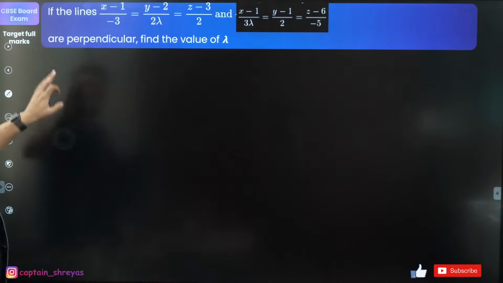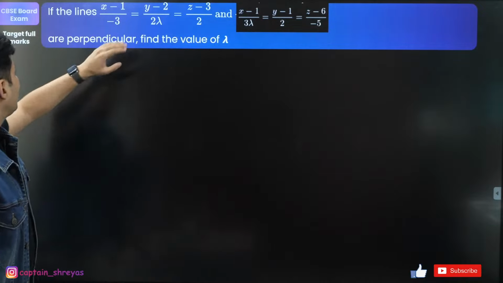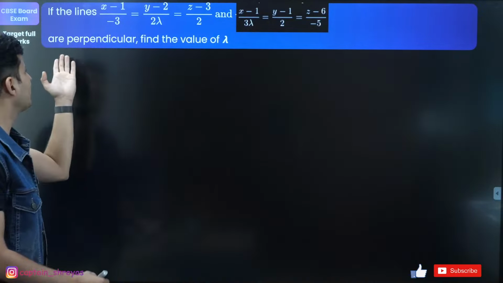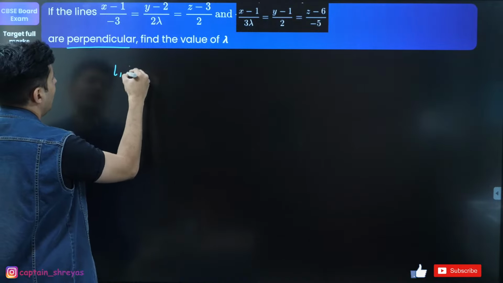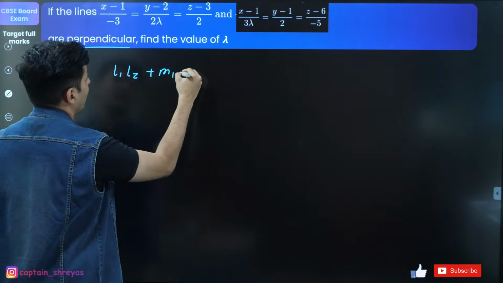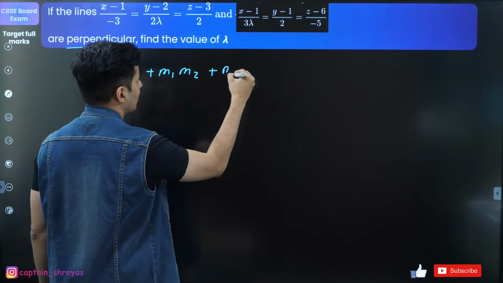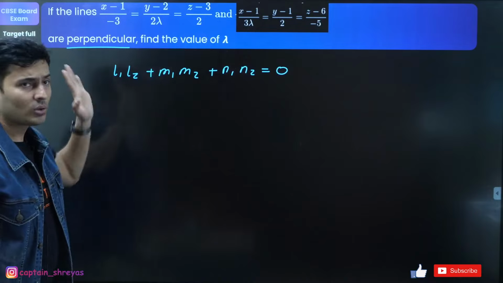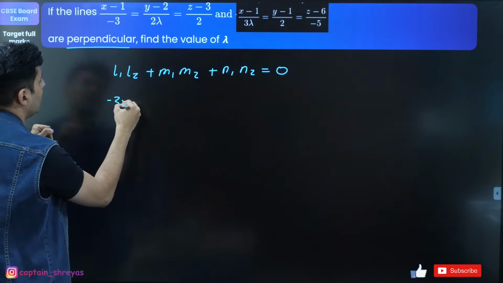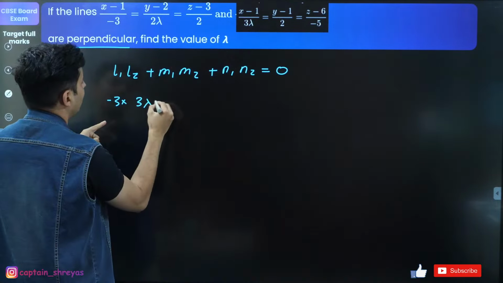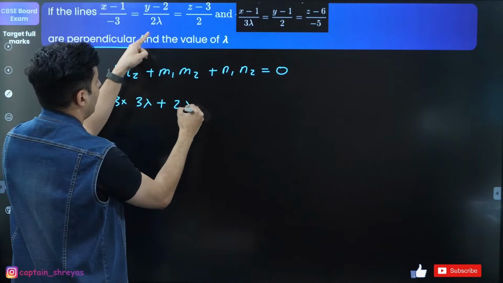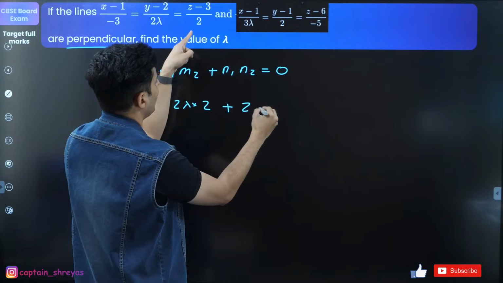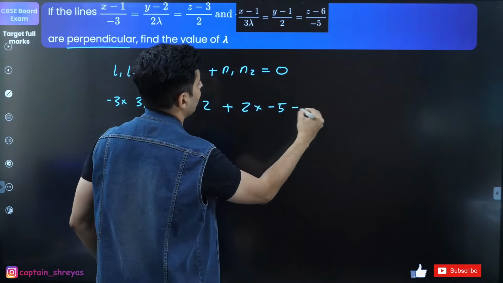Okay, the question says that these two lines are perpendicular to each other. If two lines are perpendicular, then L1 L2 plus M1 M2 plus N1 N2 is basically 0. Look at the direction cosines. So it will be minus 3 into 3 lambda plus 2 lambda into 2 plus 2 into minus 5 is 0.